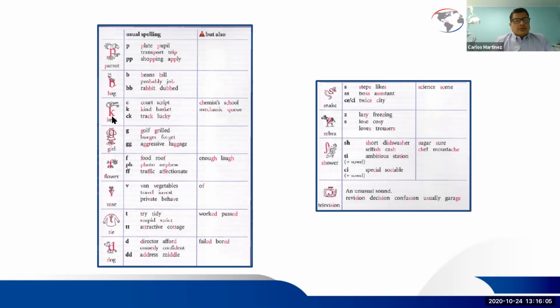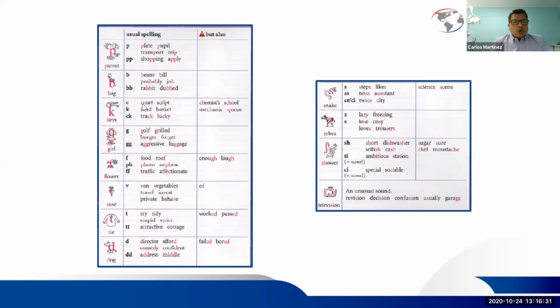Now, the sound like in keys. There are different ways that this sound can be represented with letters. The letters that can produce this sound are the letter C, like in court or script, the letter K, like in kind or basket, and the letters CK, like in track or lucky.